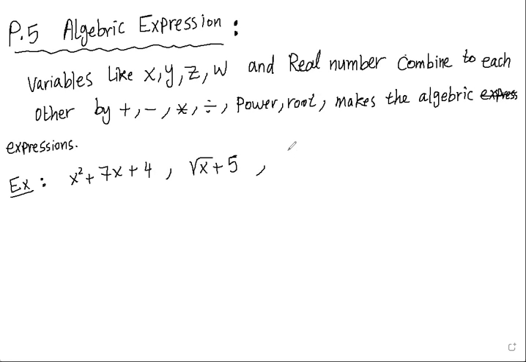Also something like y minus 7x over y squared plus 4. Same things: variables x and y, power, and we have division. So all of these examples are algebraic expressions. So now we know the meaning of algebraic expression.